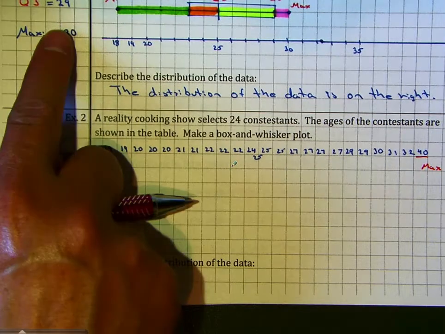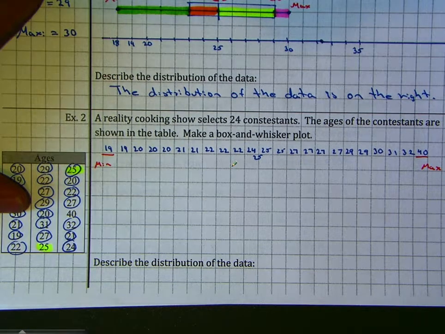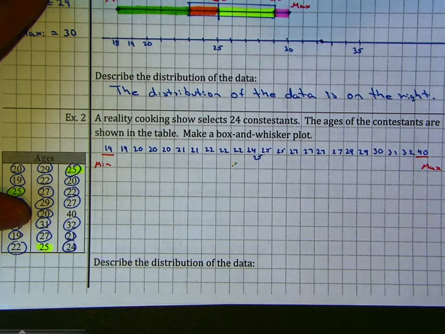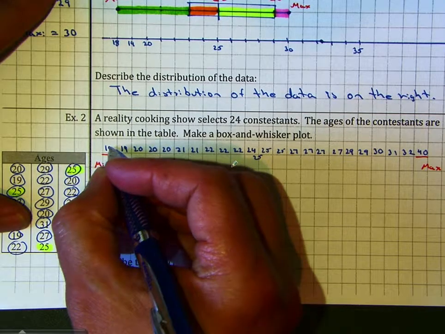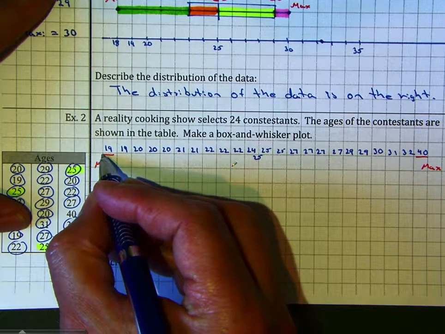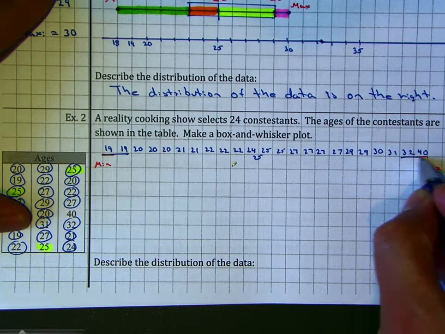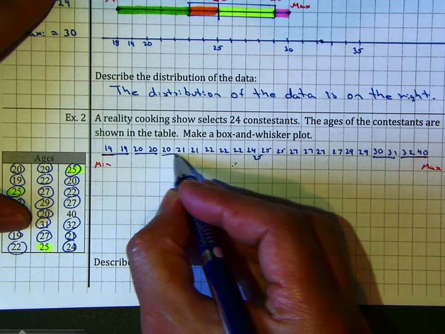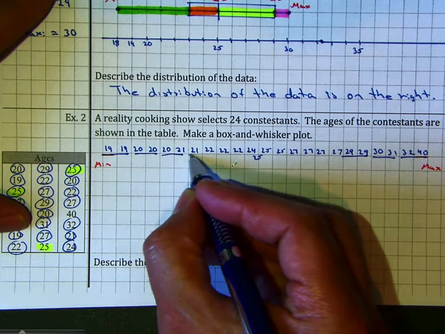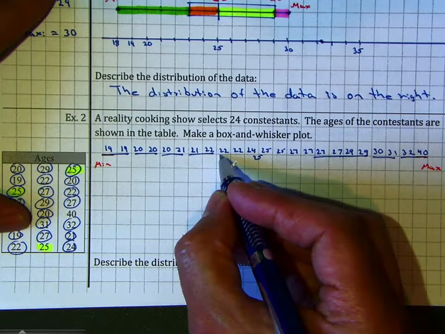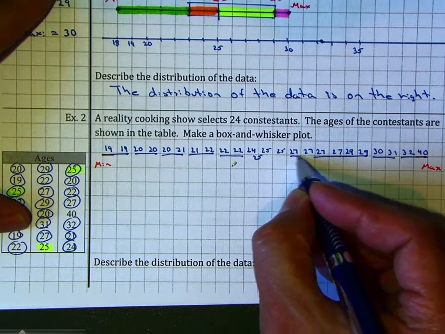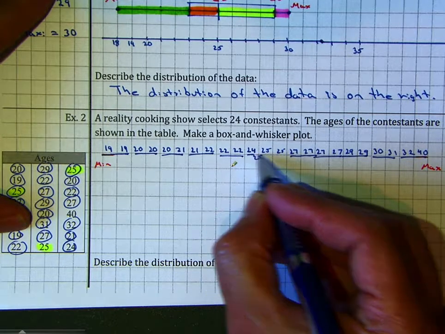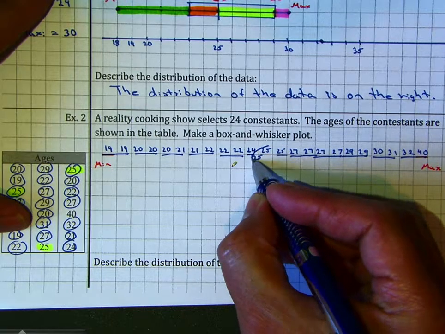Most of the time, I prefer to place on the left because it makes it a little easier for me to see it, but I don't have space in here. Now I'm going to find the median. So I'm going to circle, underline. Let's underline first. So I'm going to underline 2 at a time. 2 and 2, 2 and 2, 2 and 2, 2 and 2, 2 and 2, 1 and 1, and we have two 25s.